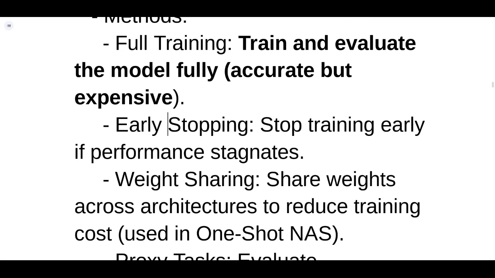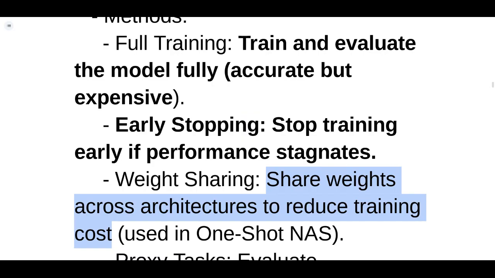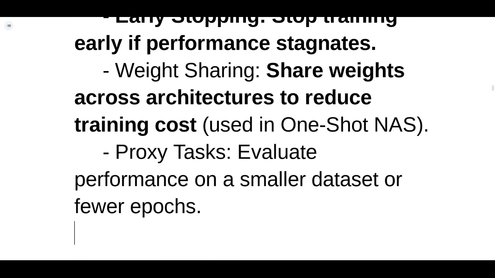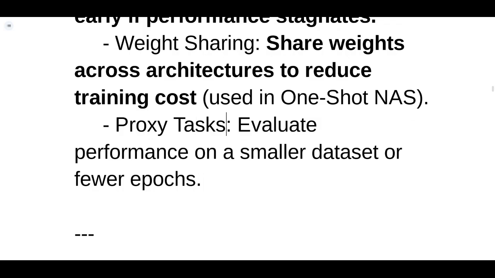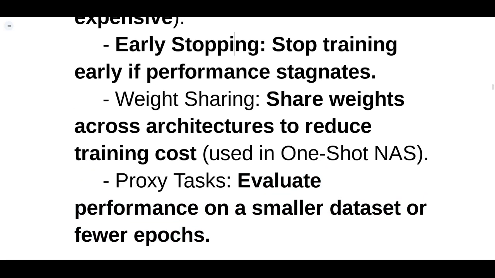Early stopping, stop training early if performance stagnates. Weight sharing, sharing weights across architectures to reduce training cost. Proxy tasks evaluate performance on a smaller dataset or fewer epochs.